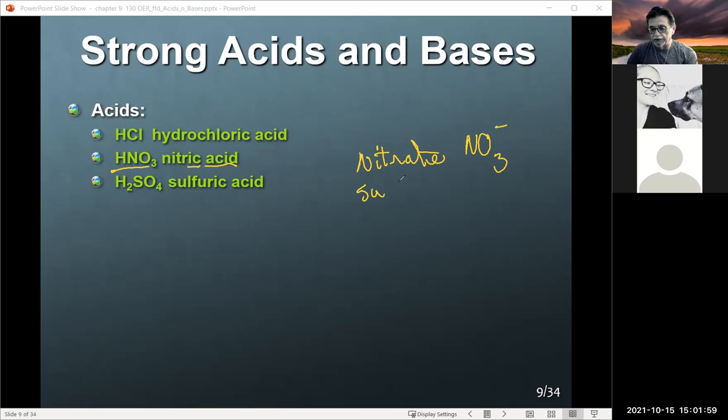Same with the sulfuric acid. This was sulfate ion, SO4 negative 2. I put my 2 hydrogens back on that. I get rid of the ATE, add IC and acid, sulfuric acid. Okay. And over here was the chloride.